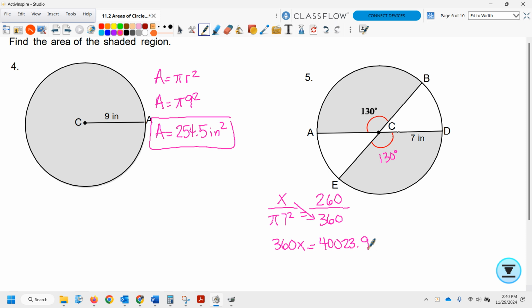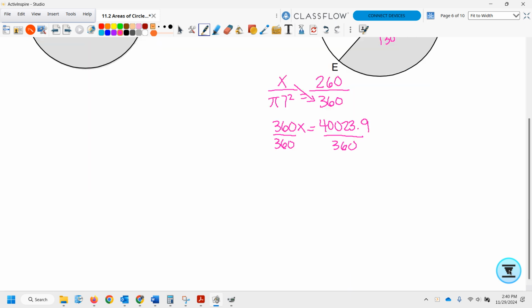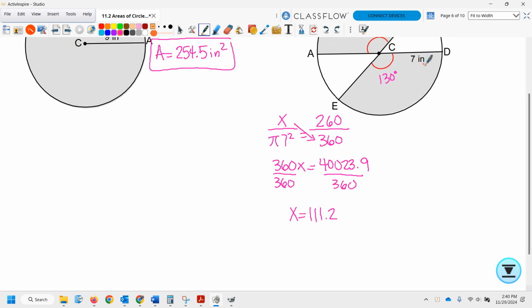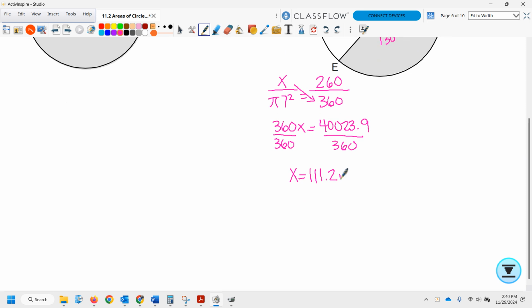That's right. I need to divide by 360. All right, so when I divide by 360 and I round to the nearest tenth, I get x is equal to 111.2. What are my units? Inches. And it's talking about area, so it's squared.